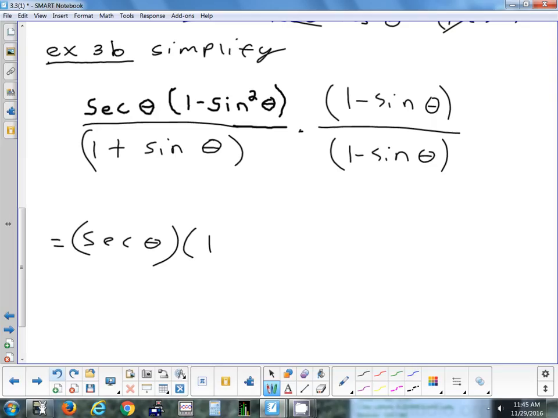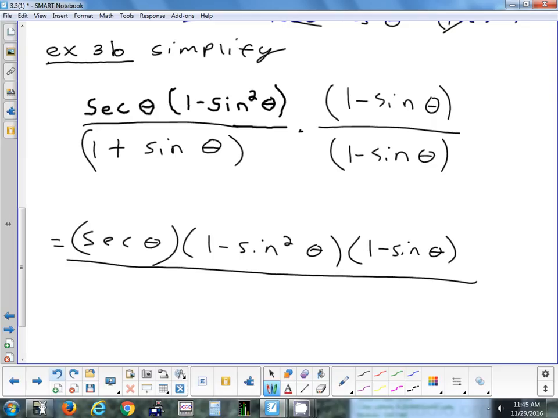Secant? 1 minus sine squared. 1 minus sine. Now, do out what's in the bottom, and I think you'll see something cancel. Okay, what's 1 times 1? You get 1. What's 1 times negative sine?